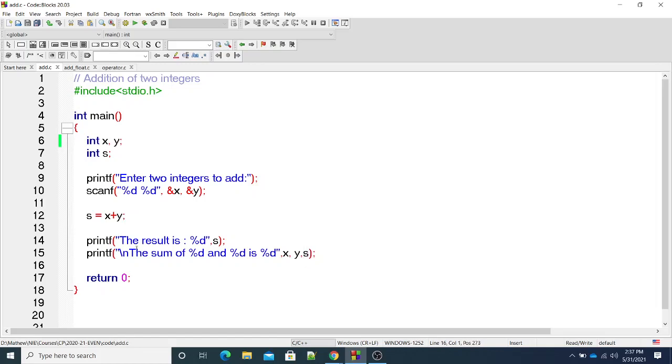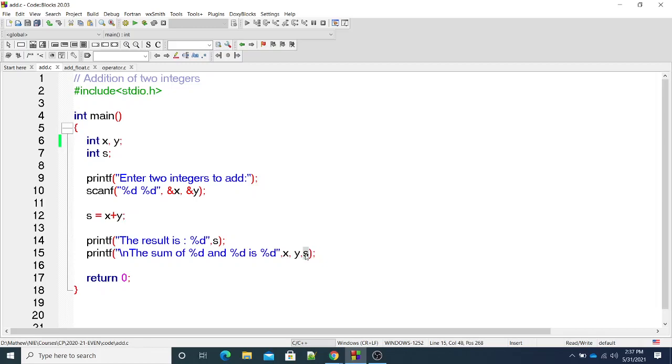Finally, this printf function is responsible for creating the final string. Here we have given a placeholder, or a template, or a gap. We reserved the space for one integer value, a second integer value, a third integer value. The printf function will put the actual integer values stored in x, y, and s.